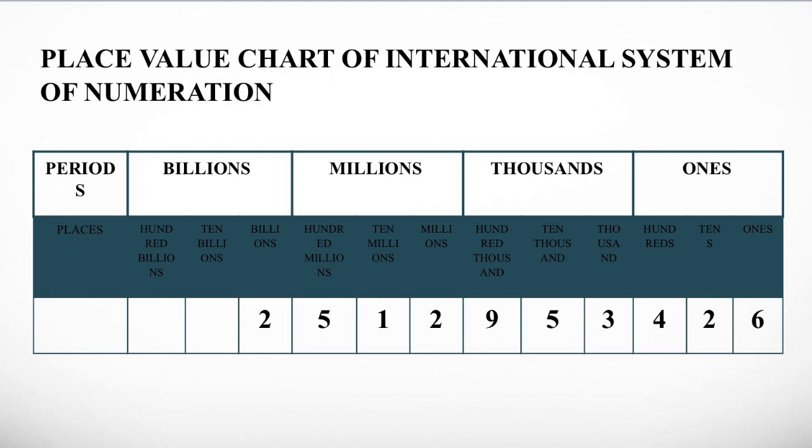So this can be read as 25,129,534,426. So this is how you read a number in the International System of Numeration.